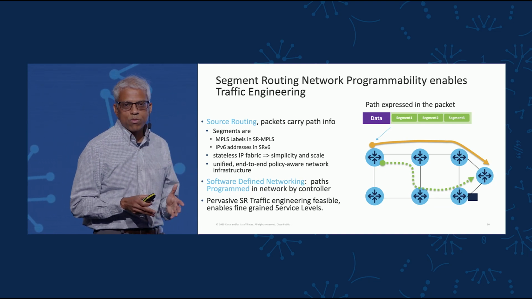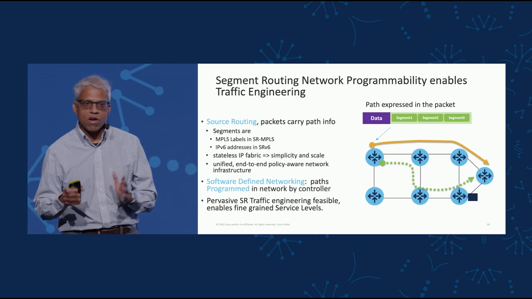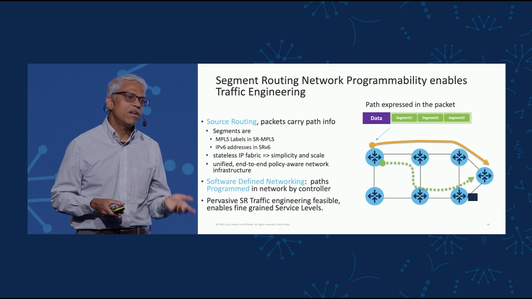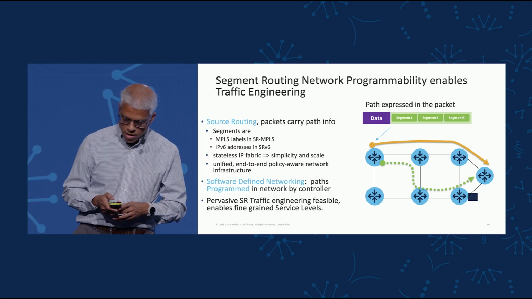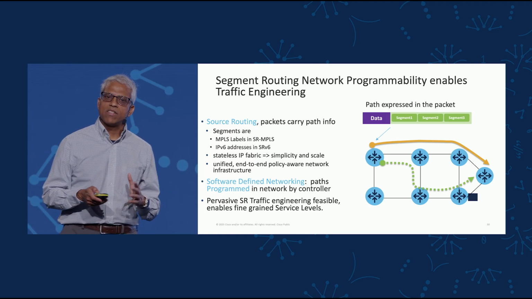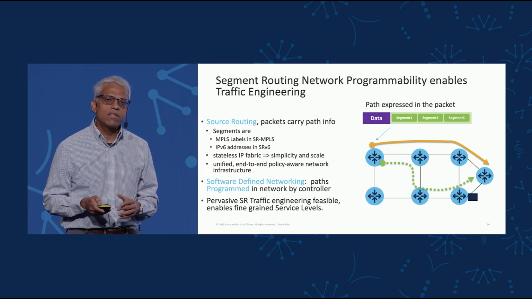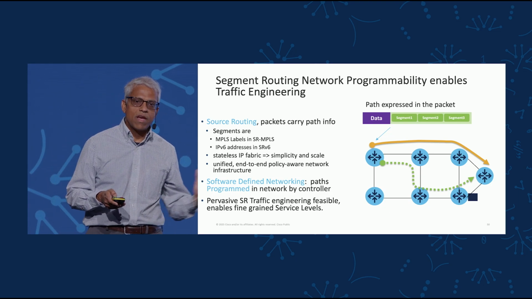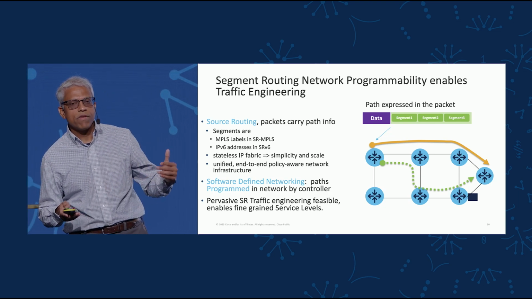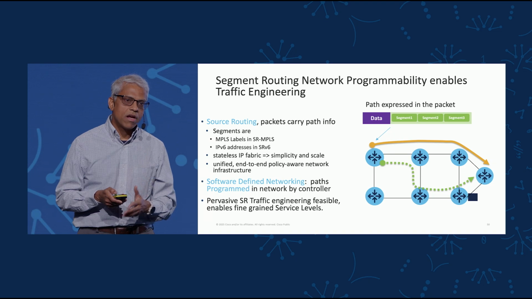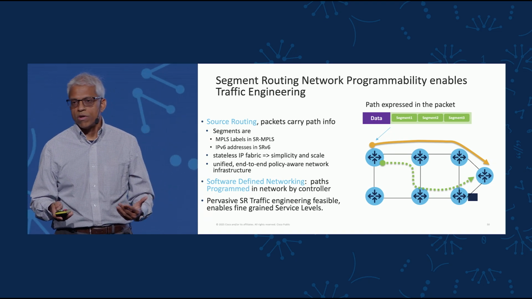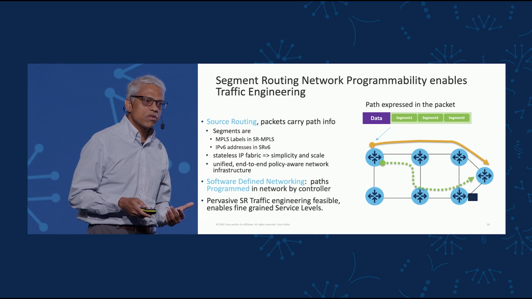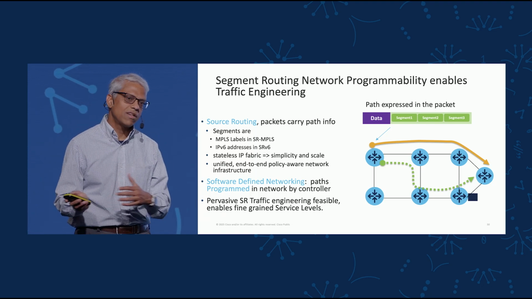So the intermediate routers are just doing what they're designed to do in hardware without having a lot of awareness of what the service or the application layer is going to be. That makes the fabric very simple, stateless, but you can still achieve any kind of traffic engineering, any kind of fancy custom paths you want using a controller. This is where the controller comes in, because the controller has all the intelligence. It's external to the router.